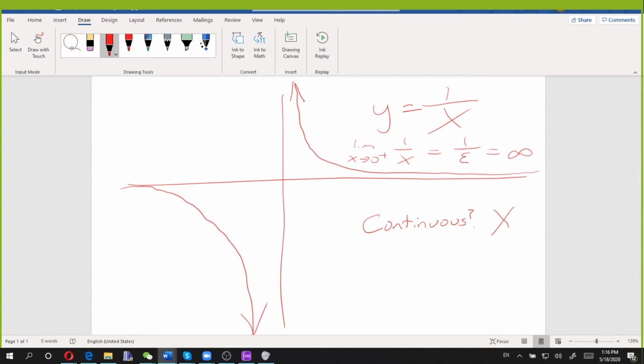Where it reaches to infinity. Okay, so I could say at x equals 0. What type of discontinuity do I have? Removable or non-removable? Non-removable, perfect.